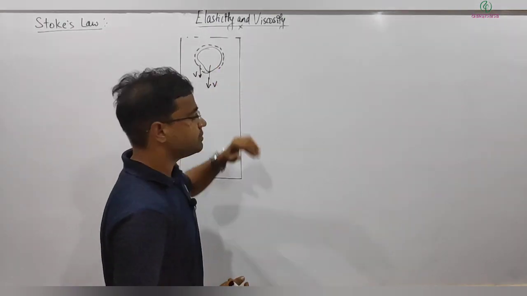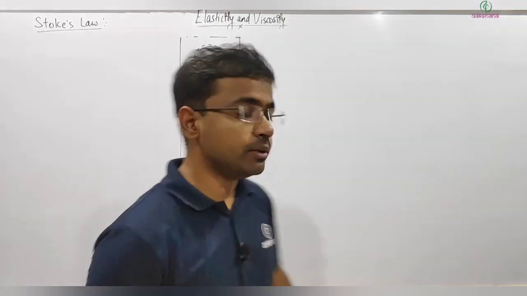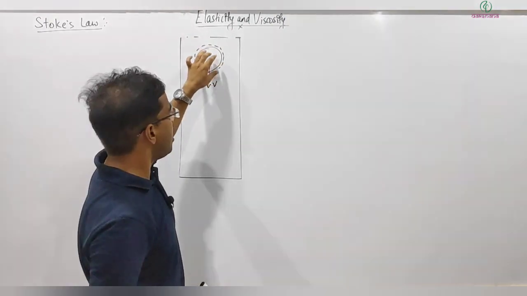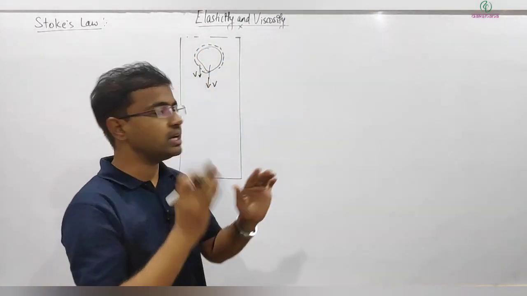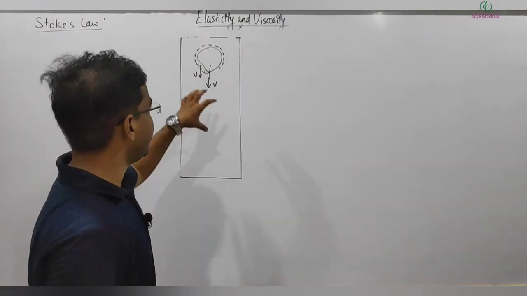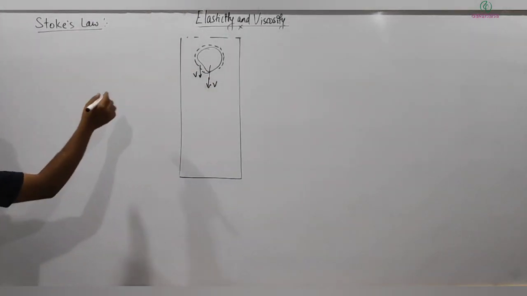So we can see there is some velocity gradient, and definitely viscosity will be there. This solid body will cause relative motion between different layers of the fluid, and that will ultimately give rise to what? Viscous force.